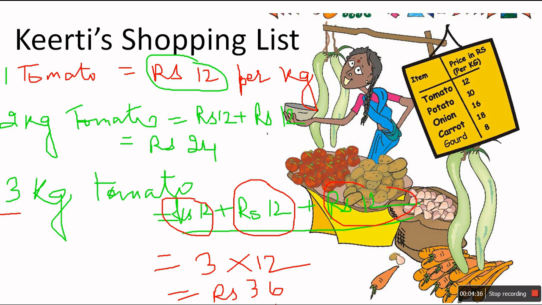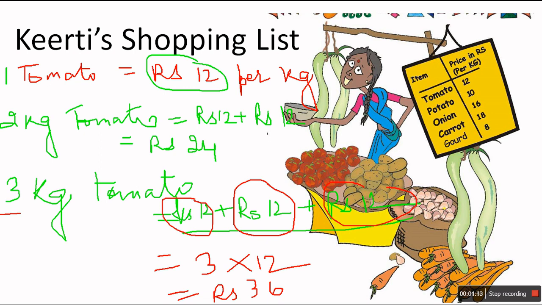In this way we will calculate the price of other quantities. If we are to buy 4 kg tomatoes, we will multiply 4 into 12, that is rupees 48. So the amount will increase with increase in quantity. When kilograms increase, the price also increases.